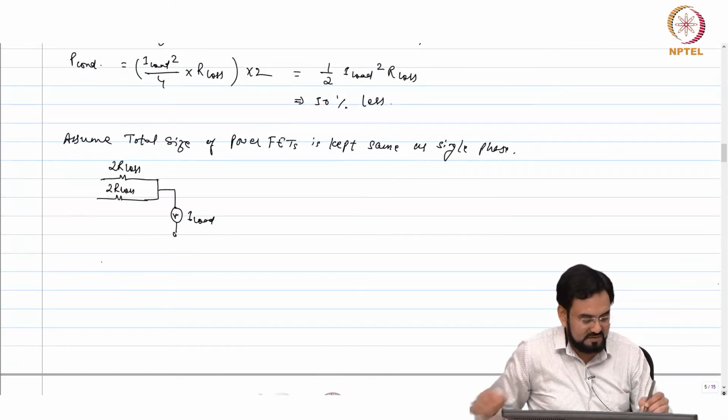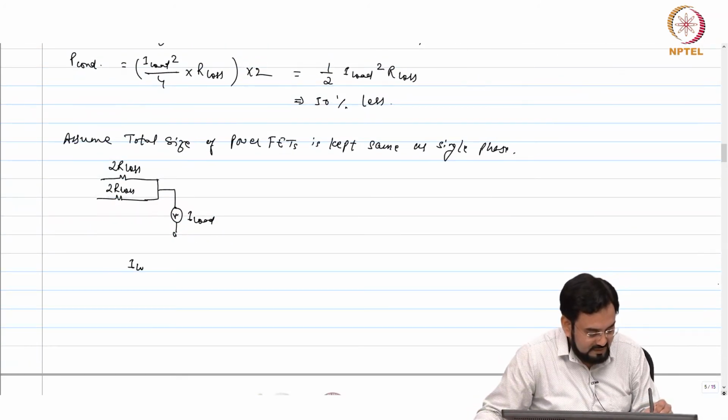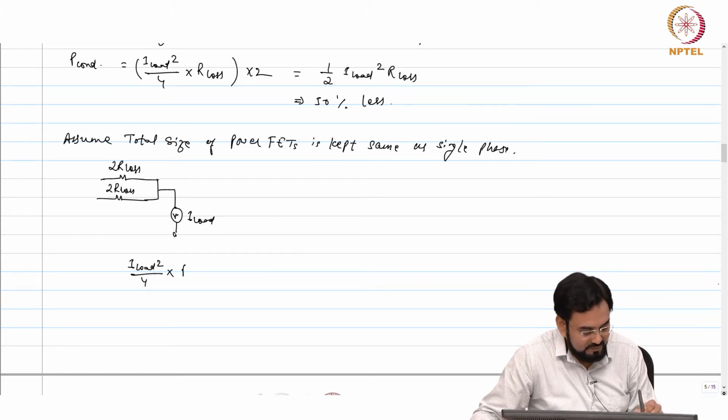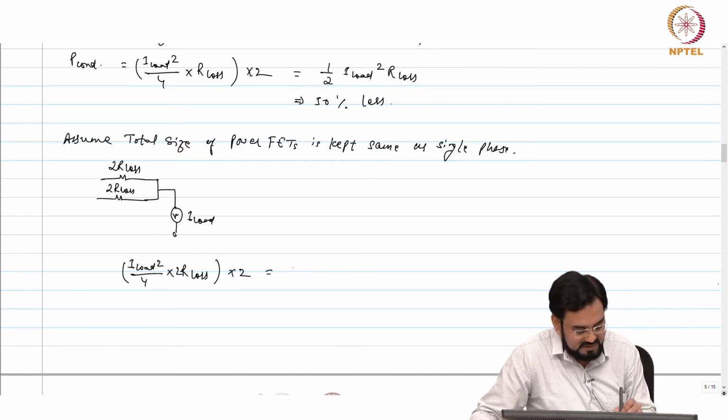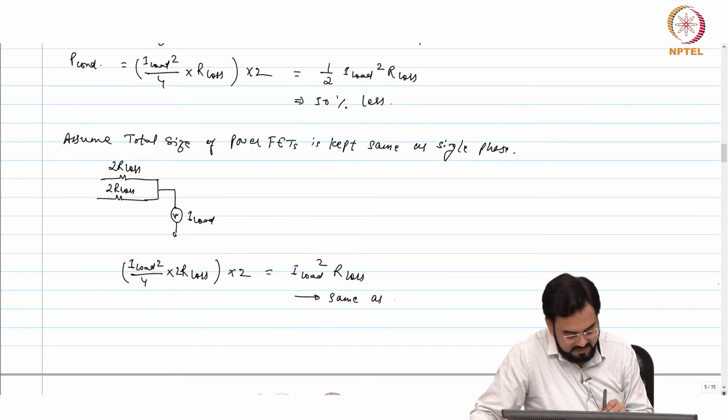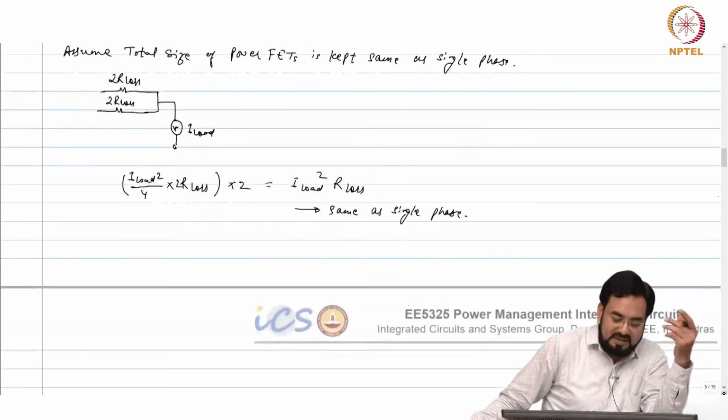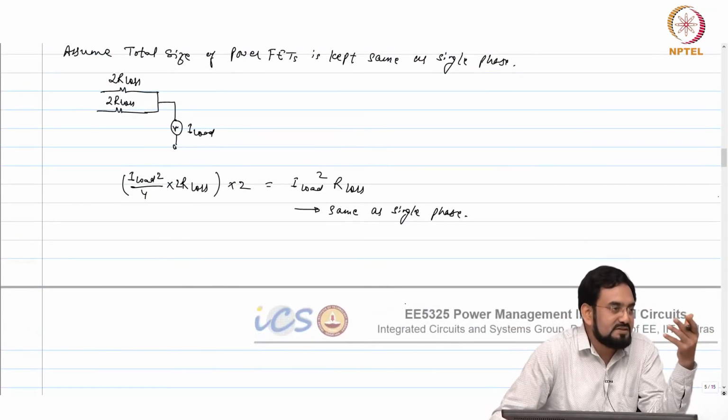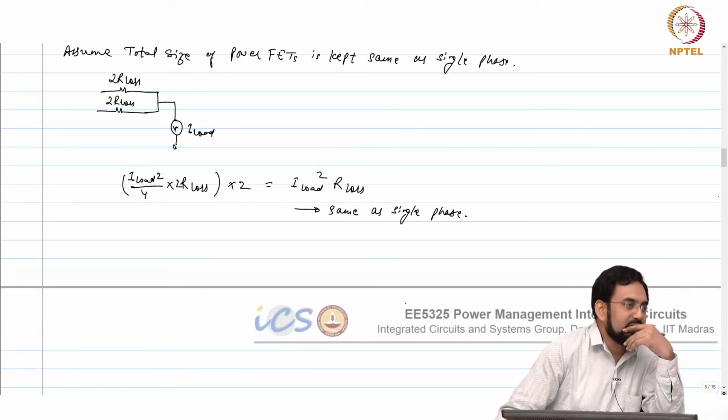Now do the same thing. So you will get I load square by 4 into twice of R loss into 2, which is the same as single phase. So ultimately you may not benefit in terms of losses, but still the benefit is in the ripple.